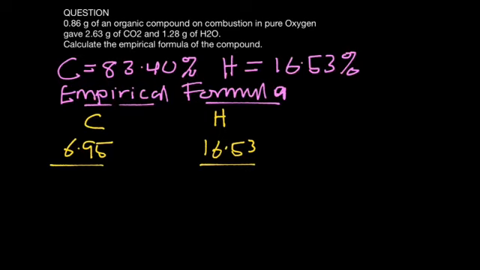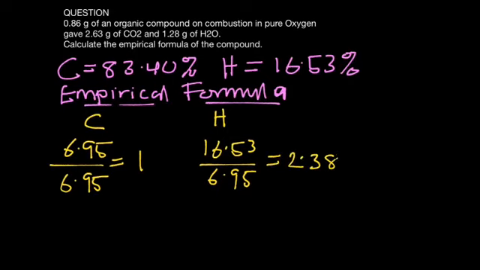In this case, 6.95 is the smallest, so we divide through with that. For carbon, it's going to give us 1, and for hydrogen, it's going to give us 2.38.